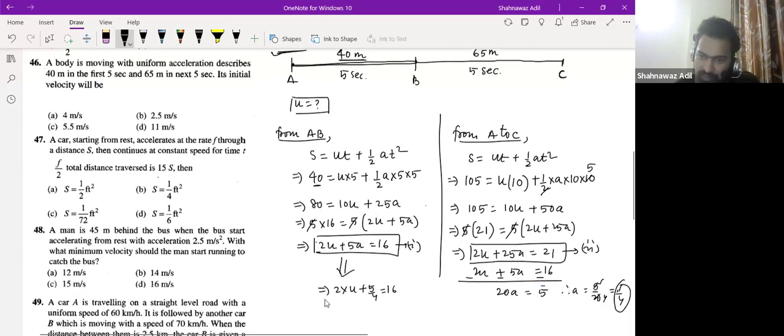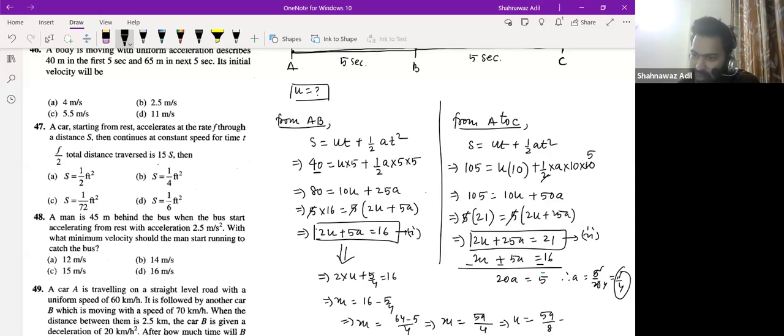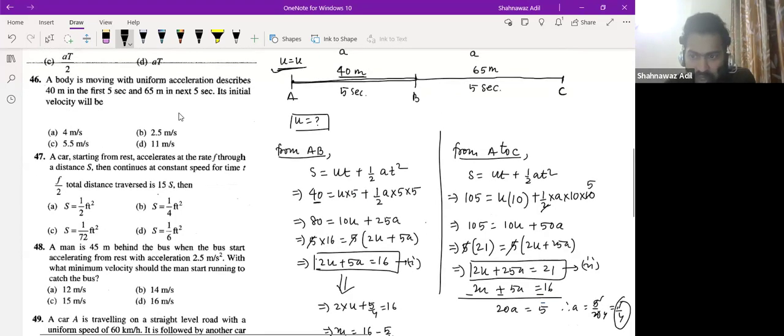So 2u is 16 minus 5 by 4, so 2u is 64 minus 5 by 4. So 2u is 59 by 4, so u is 59 by 8. That is how much? 7. And do we have that answer? Oh, we don't have that answer.